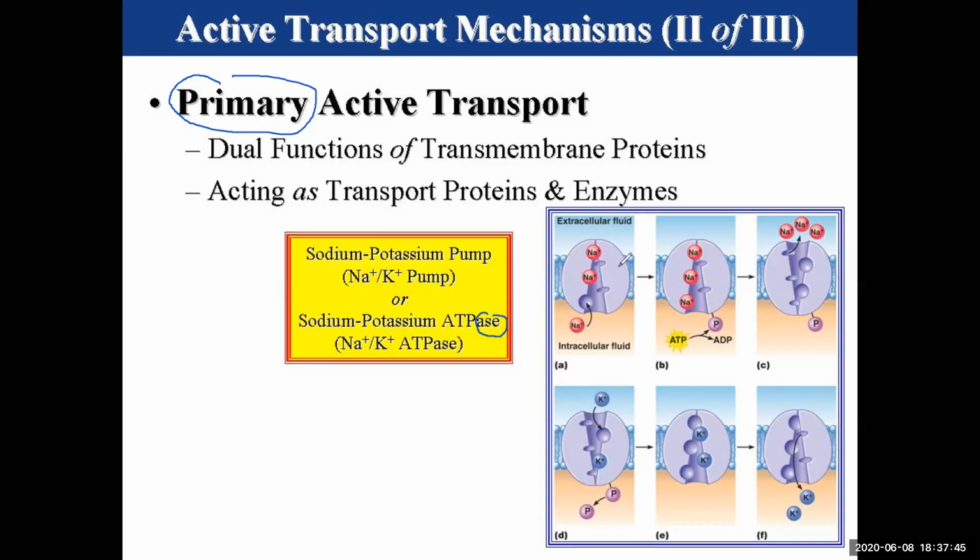And that energy that is released is harvested by the transmembrane protein to translocate, to kick out 3 sodium and to bring back inside the cell 2 potassium.